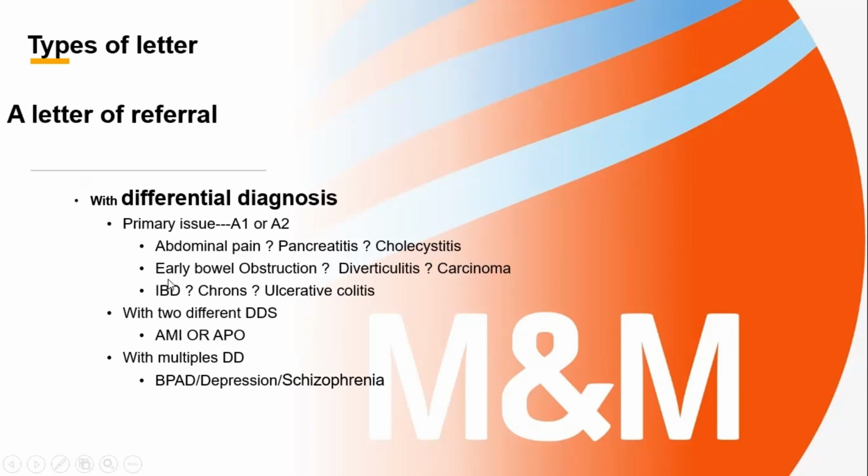We also have a situation, let's say obstruction. Then we have to see whether it's diverticulitis or carcinoma. That is the second scenario, followed by inflammatory bowel disease. We also have a suspected diagnosis of Crohn's or ulcerative colitis. This is a reason to write the referral letter, right?